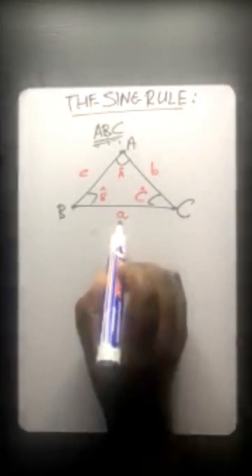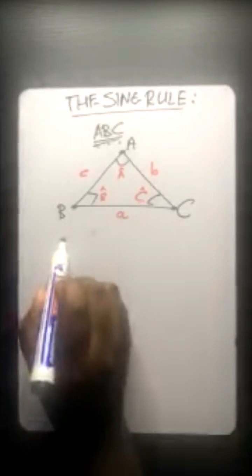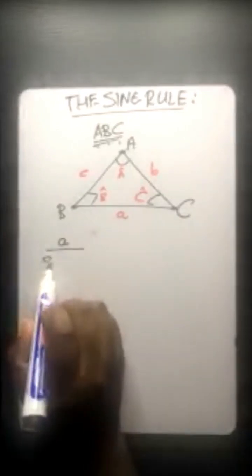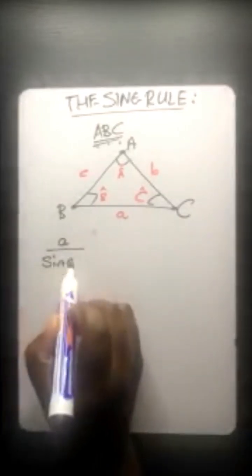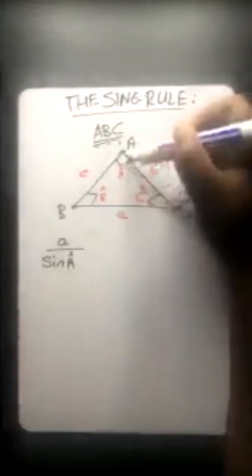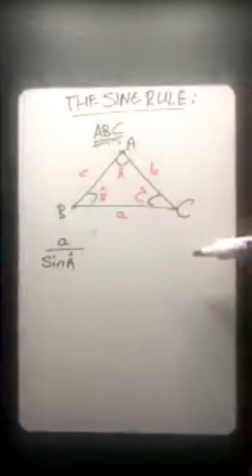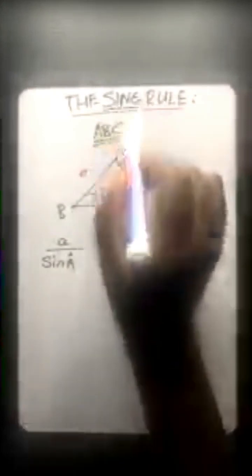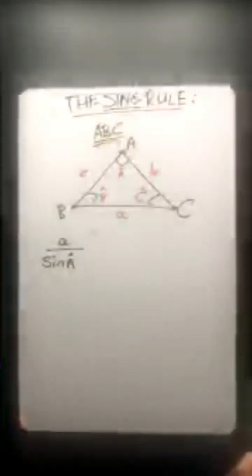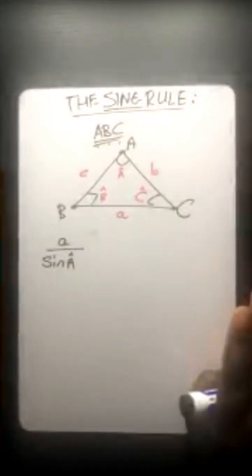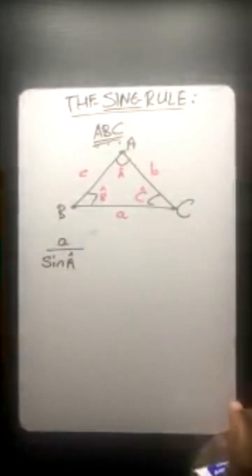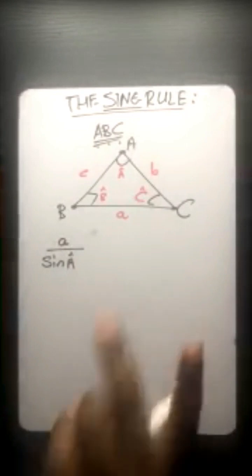You see this side, which is side a, over sine of that opposite angle. Remember, we are talking about the sine rule. That is why in the trig ratio we talk about sine. We are not going to talk about cos or tan, because we don't have a tan rule, only the sine and cosine rules.